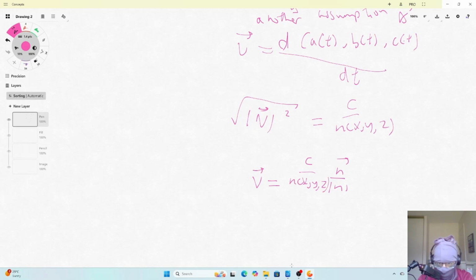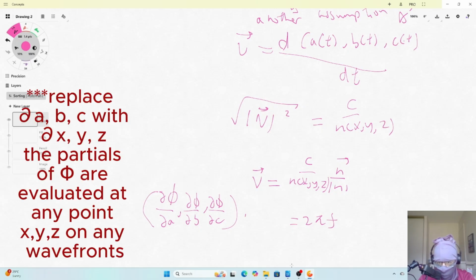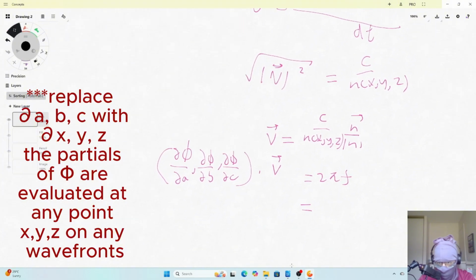So if we plug in the equation, what would happen is that plugging that inside would mean that you have this.